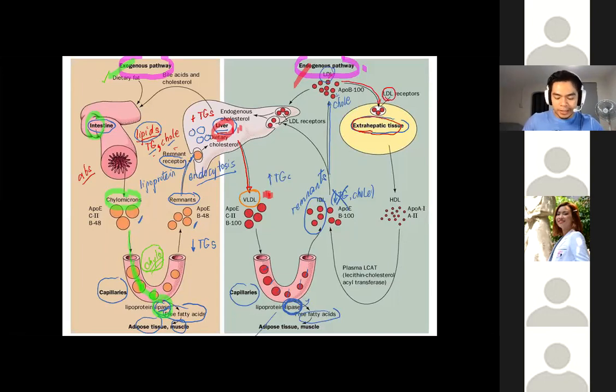No problem kasi meron siyang apoprotein B100. It has apoprotein B100 that can interact with the receptors causing endocytosis. Kaya makakapasok na ang cholesterol in the extrahepatic tissues. And in the extrahepatic tissues, may mga functions ang cholesterol na dala-dala ng LDL. So mamaya mag-discuss natin yon. So yan ang function ng LDL.